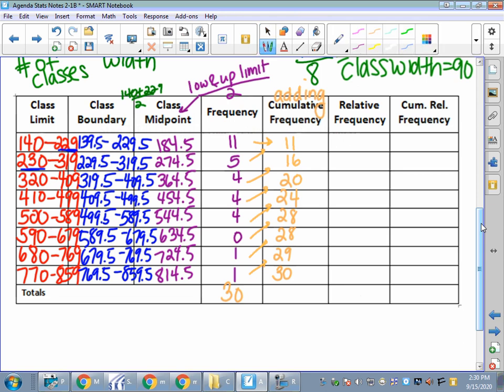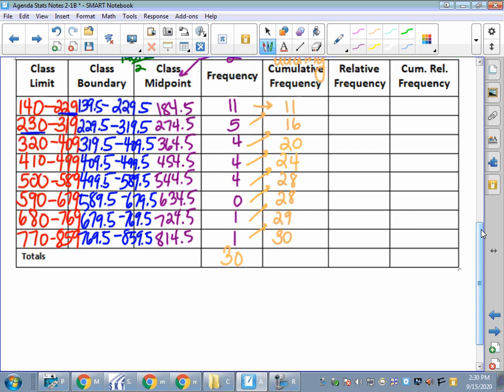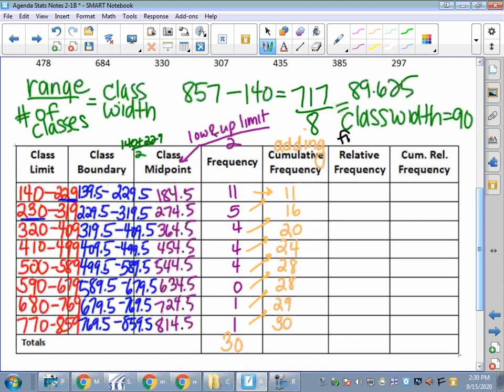Relative frequency is frequency over n. So we have 30 pieces of data, so 11 out of 30 would give us a 0.367. I'm going to go out 3 decimal places. Notice I'm not turning this into a percentage. I'm leaving it as a proportion.